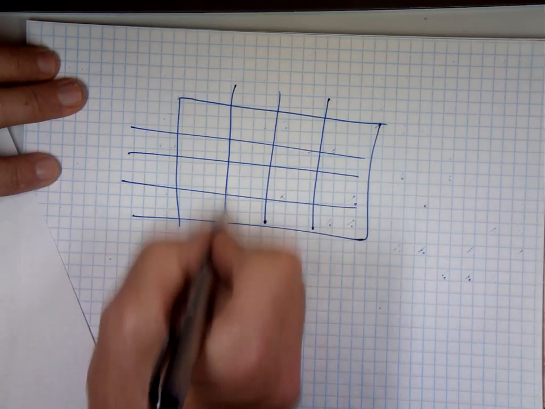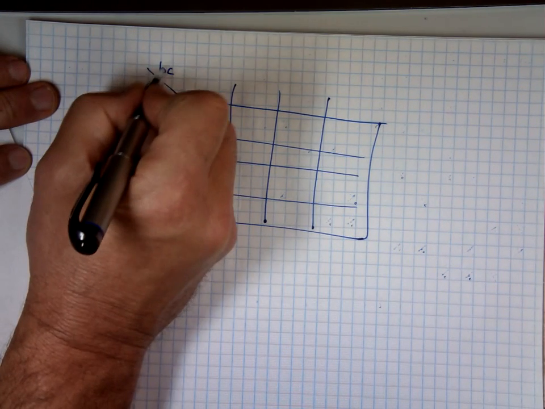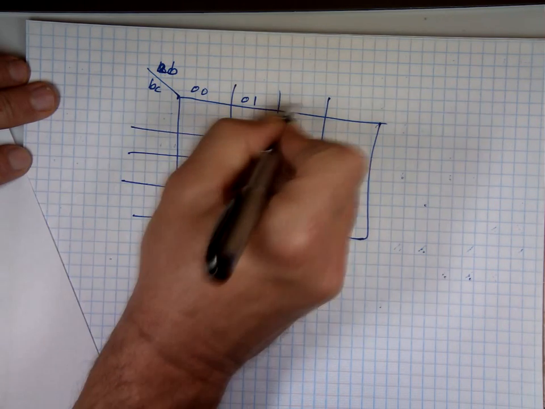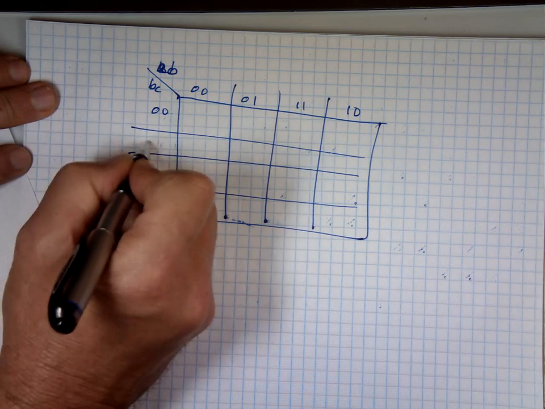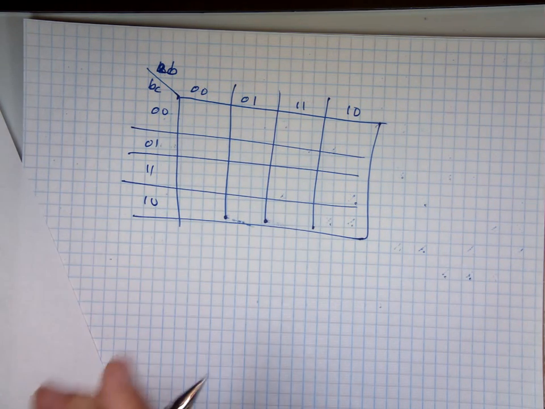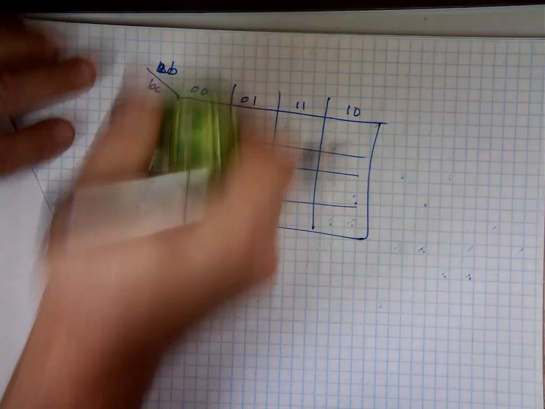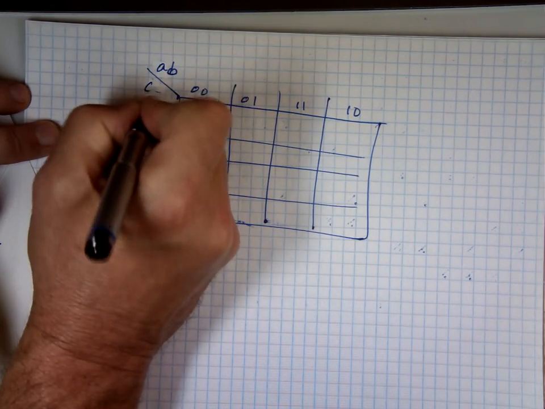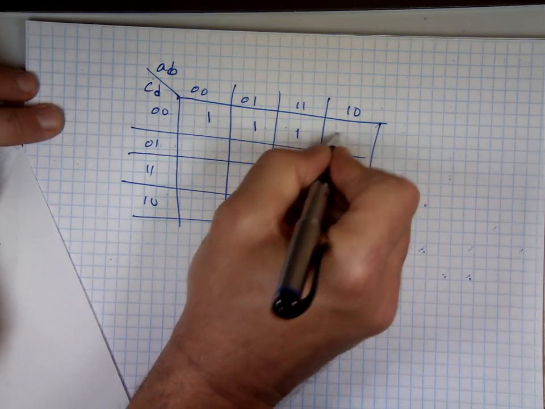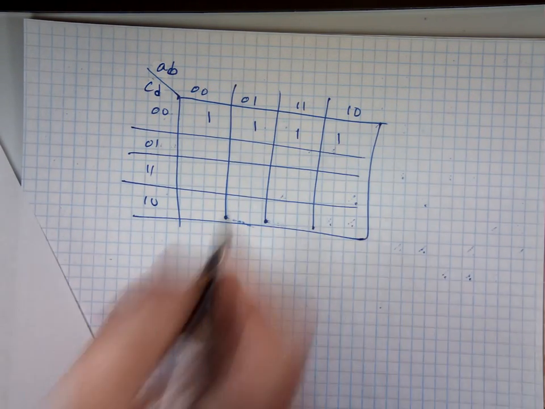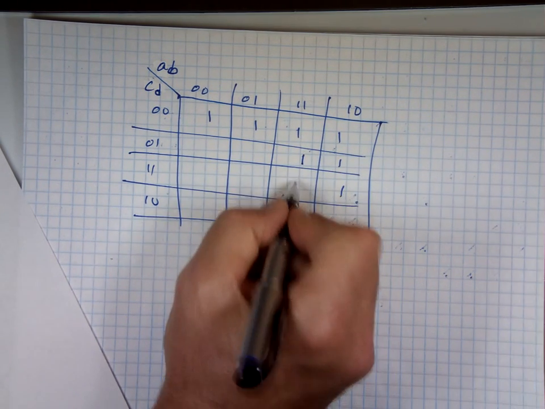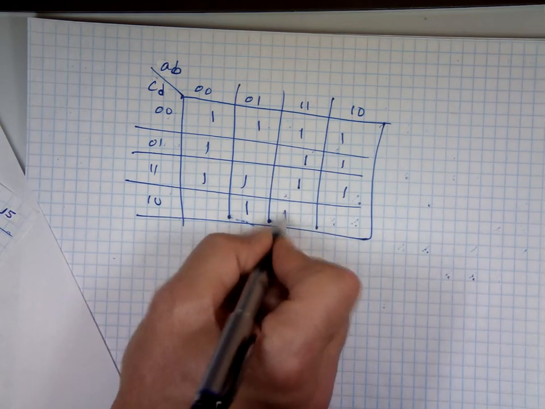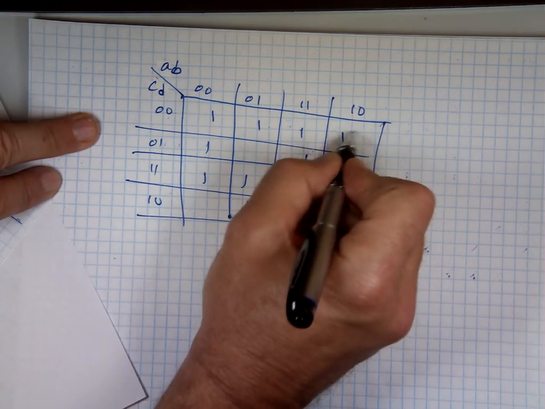AB, BC. Is it CD? A, B, C, D, yeah. I could have took this as one group right here. C bar, D bar.